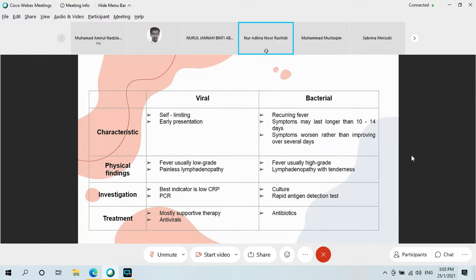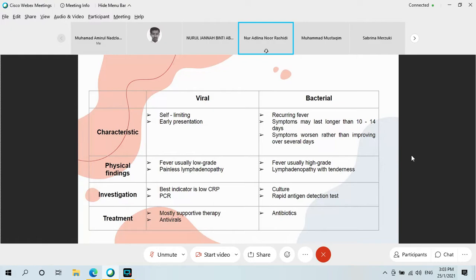But with a bacterial infection, symptoms might last longer than 10 to 14 days and also worsen instead of improving by themselves. For the physical findings, in viral infection the fever is usually low grade, with painless lymphadenopathy. For bacteria, it might be a high grade fever with tender lymphadenopathy.